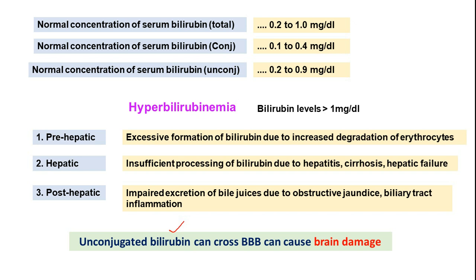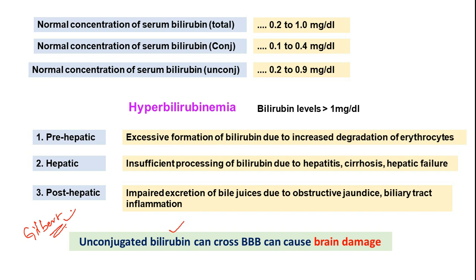One more reason is Gilbert syndrome. In Gilbert syndrome, the enzyme that is needed for conjugation of glucuronic acid to bilirubin is missing. So that's the reason why hepatic bilirubinemia can happen.